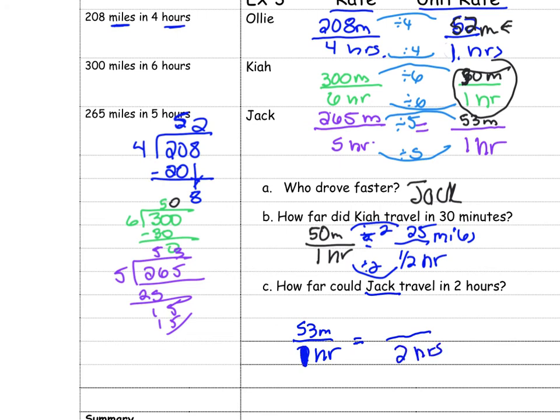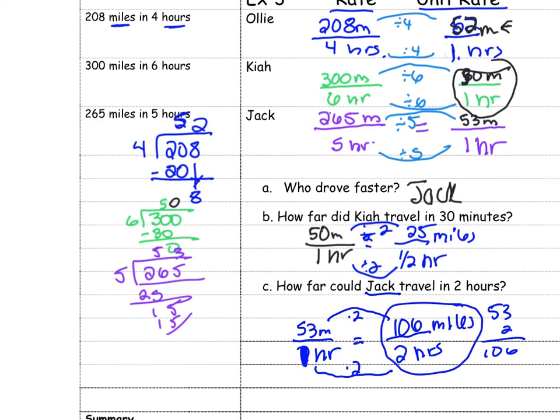So this one is a little easier because you're just multiplying by 2. 1 times 2 is 2, and 53 times 2. And we can do that off to the side if you don't have a calculator. 106 miles per 2 hours.